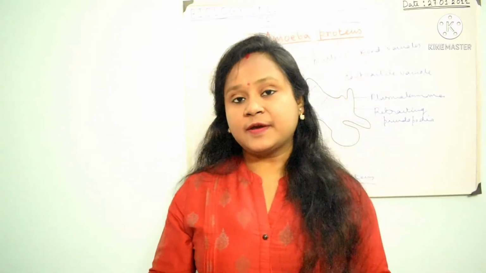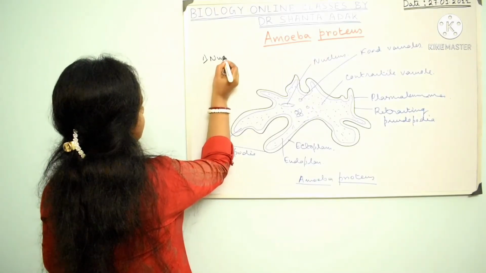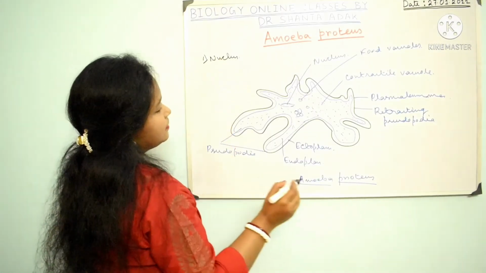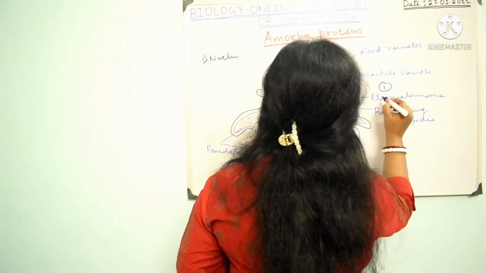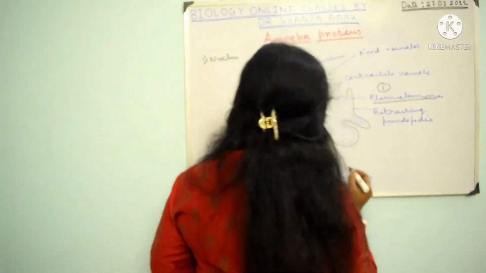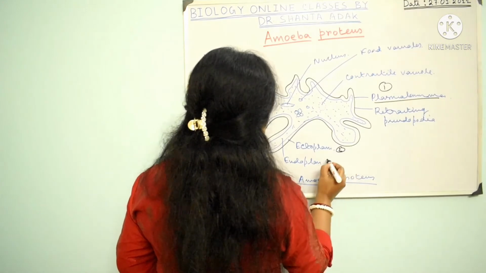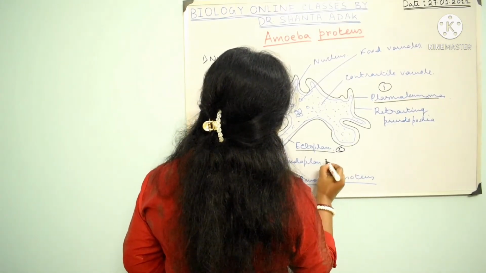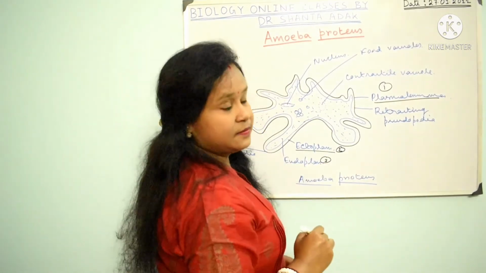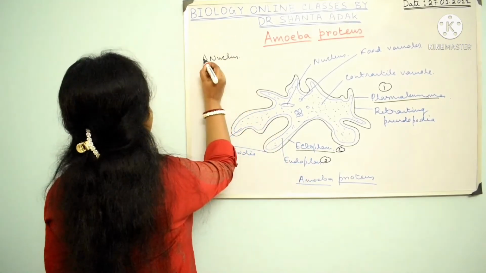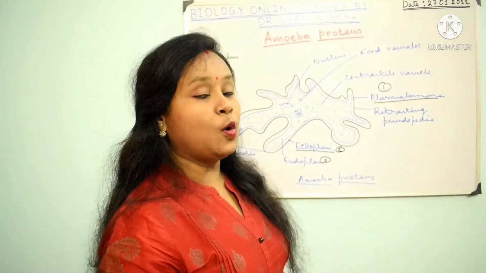The first point is plasmalemma, second ectoplasm, third endoplasm, and the fourth is about cell organelles.